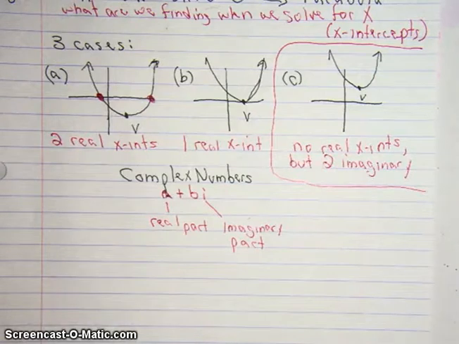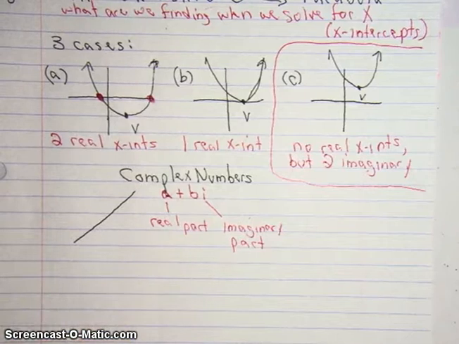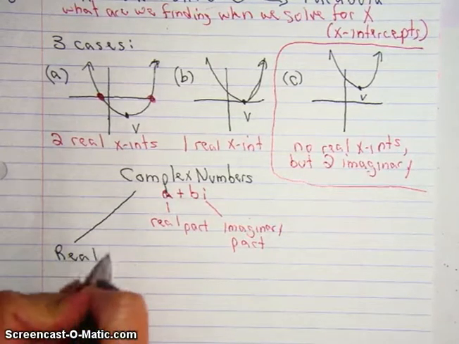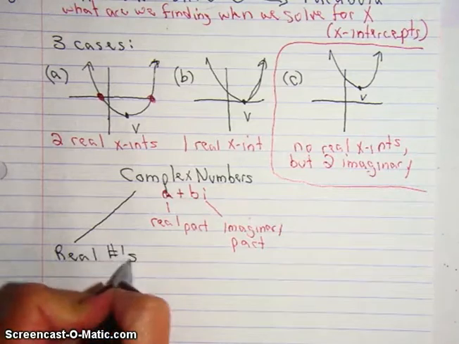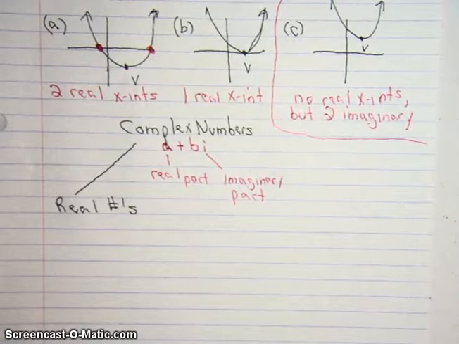Okay, in the hierarchy of complex numbers, off of complex numbers are real numbers. Those are all the numbers that you have studied in your educational career. Real numbers can be written in complex form.